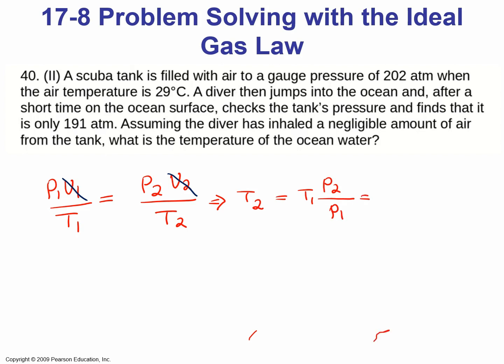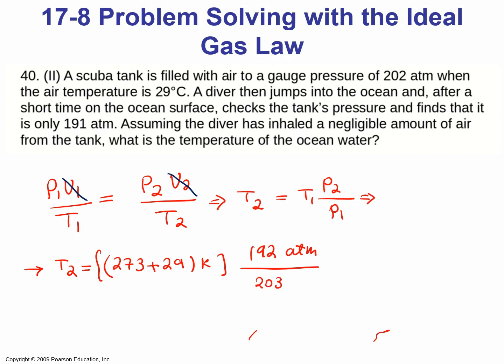For T1, let's convert it to Kelvin: 273 plus 29 degrees. This is in Kelvin. Multiplied by 192 atm divided by 202 atm.